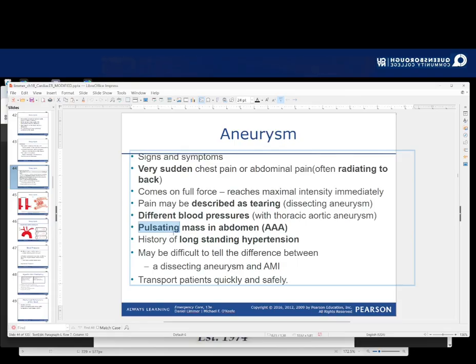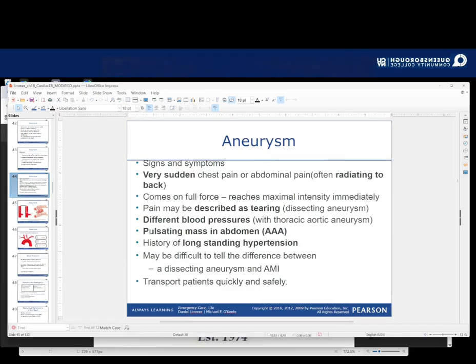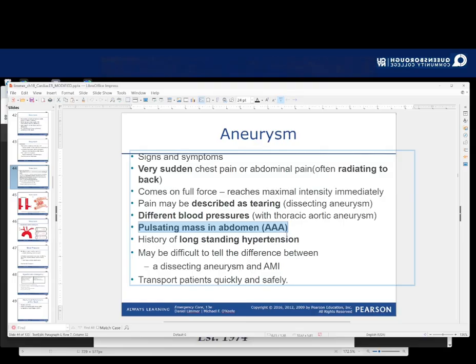That's bad because you're not supposed to feel a pulse on their belly. If you feel a pulse in the belly, what you're feeling is an aneurysm pulsing away. The systolic is coming down with every heartbeat, causing this to bulge rhythmically. This is the phrase you tell the emergency room: I felt a pulsatile abdominal mass.